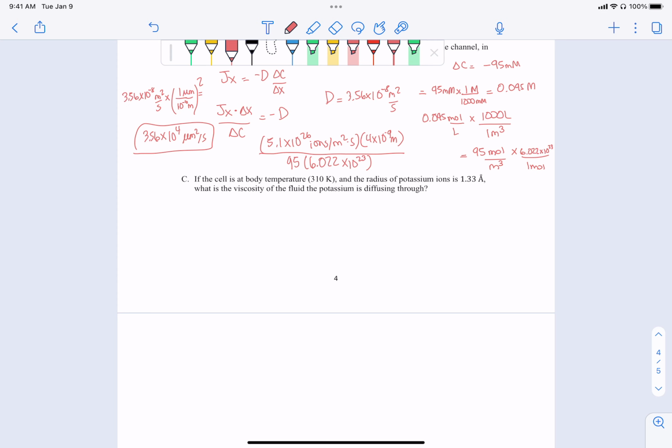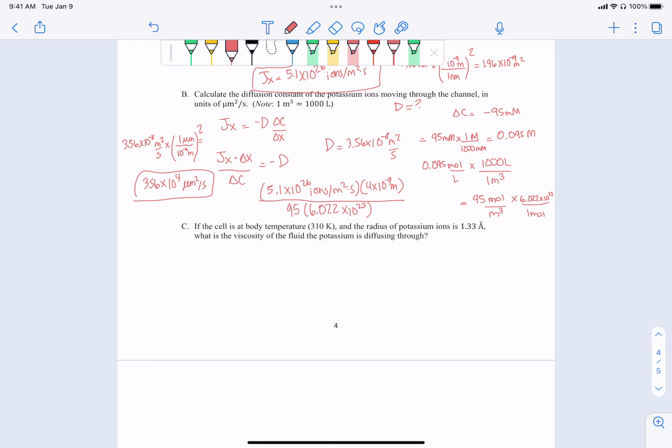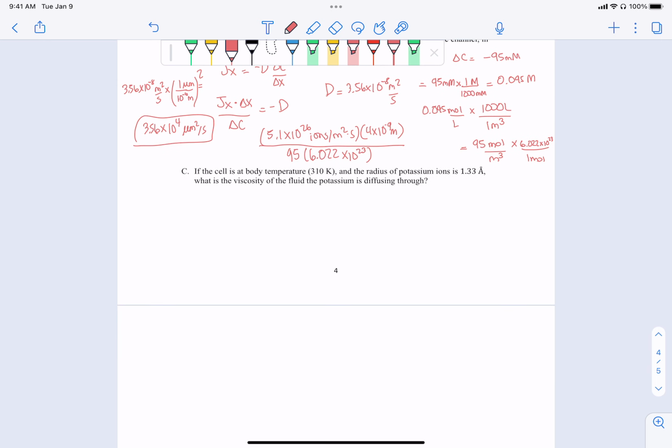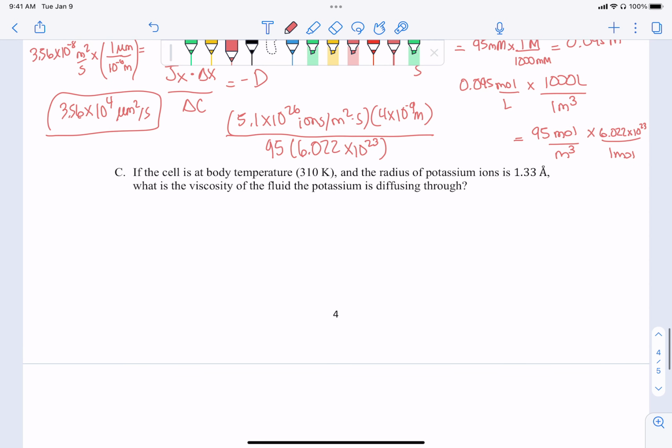All right. Any other questions about part B? All right, I'm going to take that as a no, but if anybody else has any questions, just feel free to let me know.